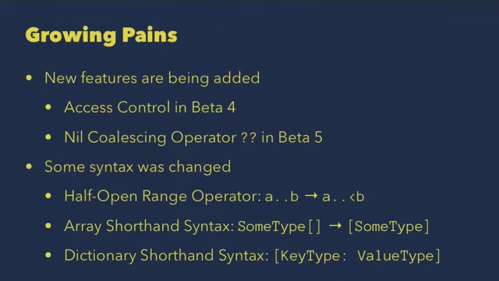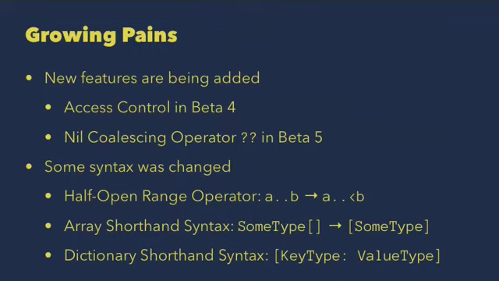Okay, number 4 is growing pains. I think it happens for any language because it's still during the beta. So a lot of new features are being added. For example, access control was only added in beta 4, and this nil coalescing operator was added in beta 5.